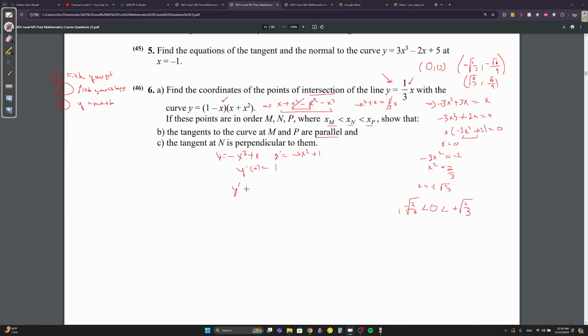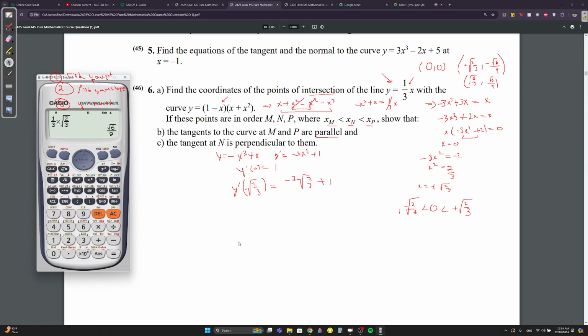How about at negative root 2 over 3? You're going to get minus 3 times minus root 2 over 3 plus 1.